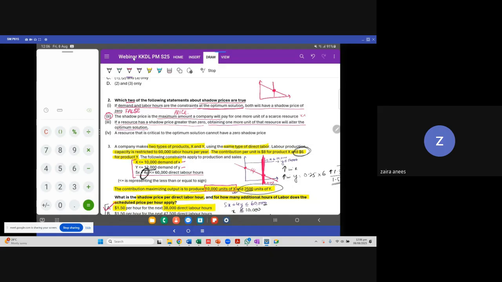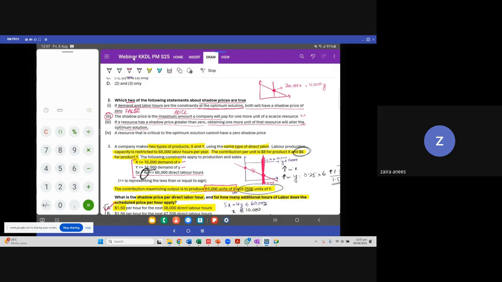Alter the solution means what? Let's suppose here it's 20,000 units of X and 40,000 units of Y, right? This is the solution. So if you have a shadow price of more than one, it is saying that it may alter the solution. Like if you get the resource, you can change the solution.